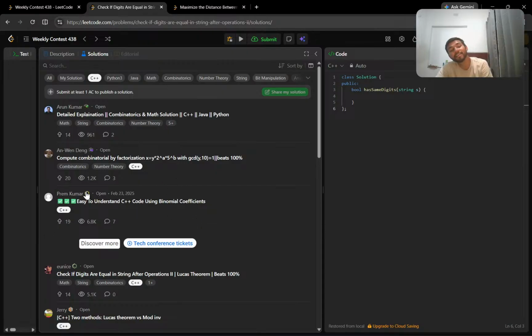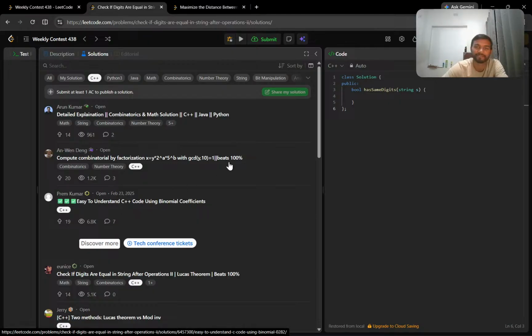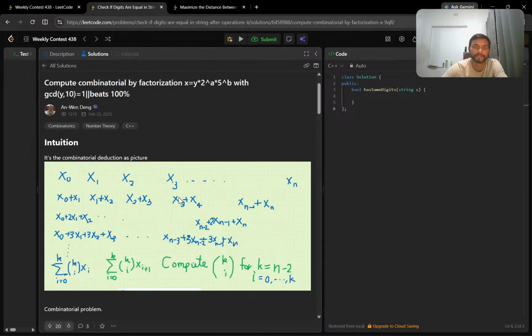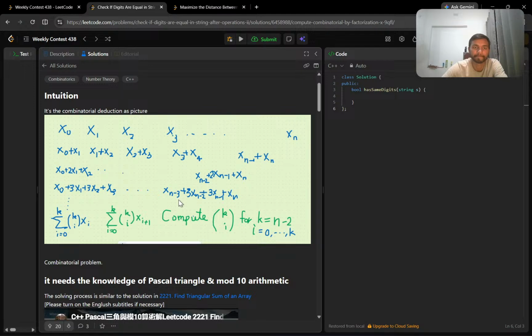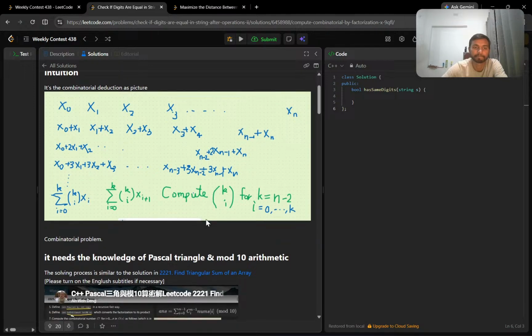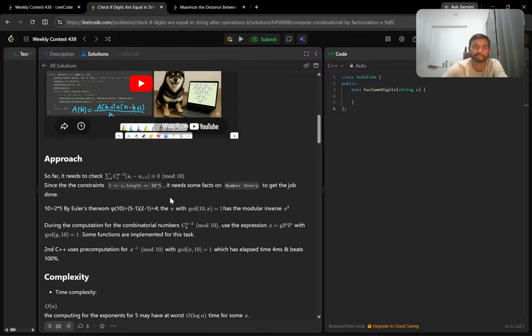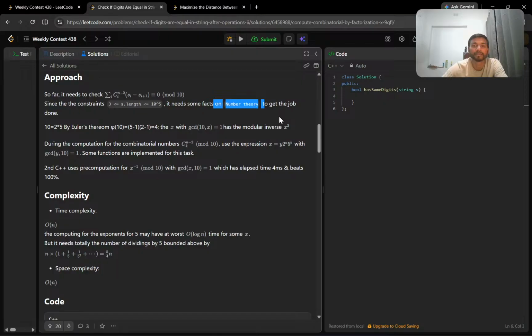See, these green ticks are verified. Approach, so far it needs to check this. Yes, of course, since the constraints are this, it needs some factorial up to 30 to get the job done. Euler's problem.